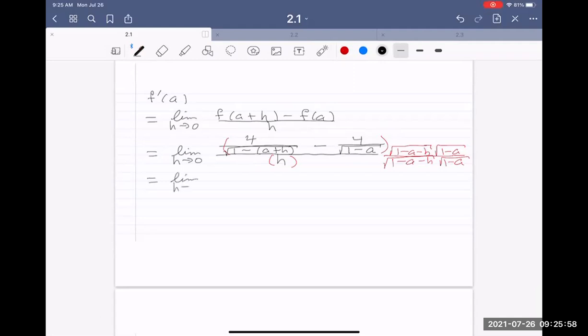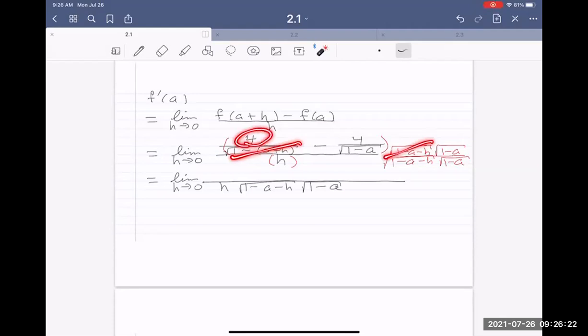the limit as h approaches 0. Let me write down the gigantic denominator. So this is h square root of 1 minus a minus h times 1 minus a. So first off, this is going to cancel with this. So I just have these multiplying each other.